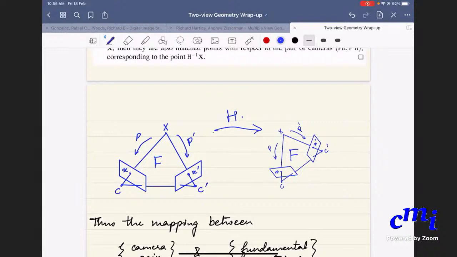What this means is that your X can change to the point HX, your P can change to the map PH, and P prime will change to the map P prime H. For all elements on the left hand side, you apply H, and you will get these elements on the right hand side.